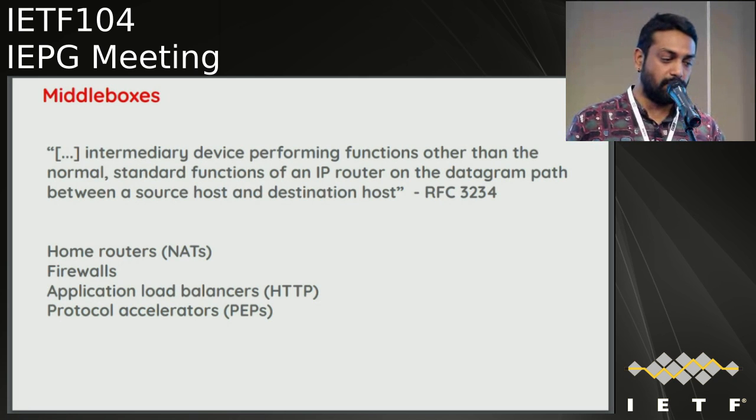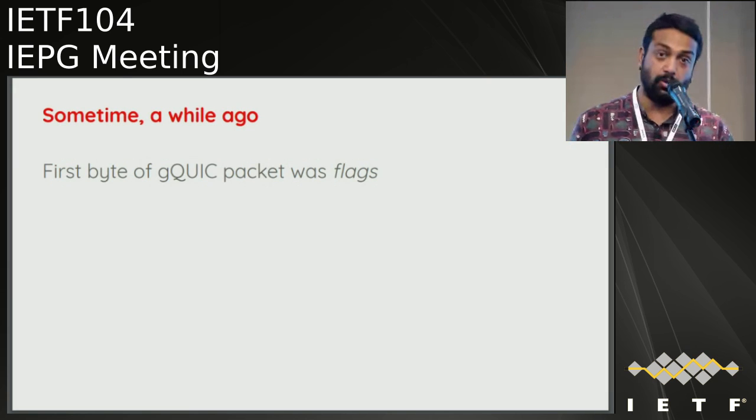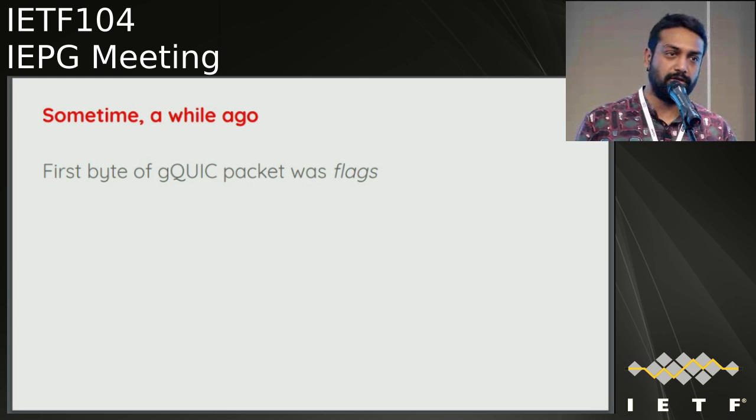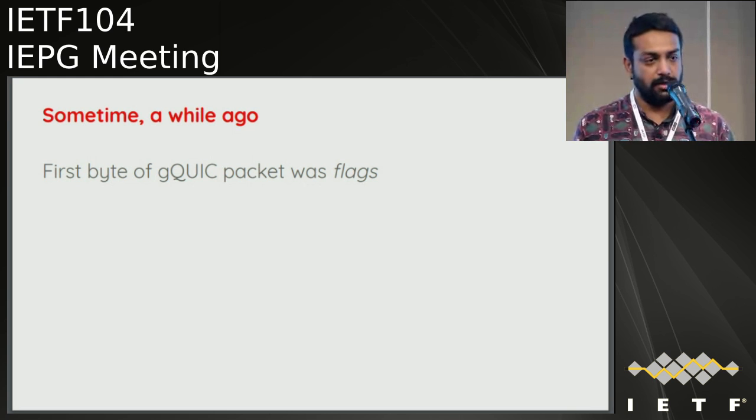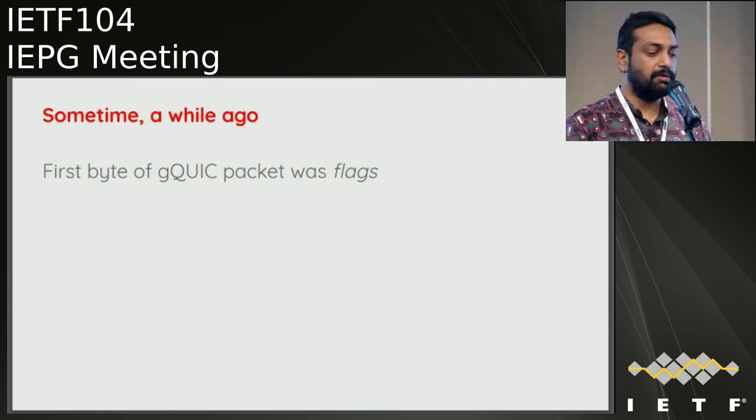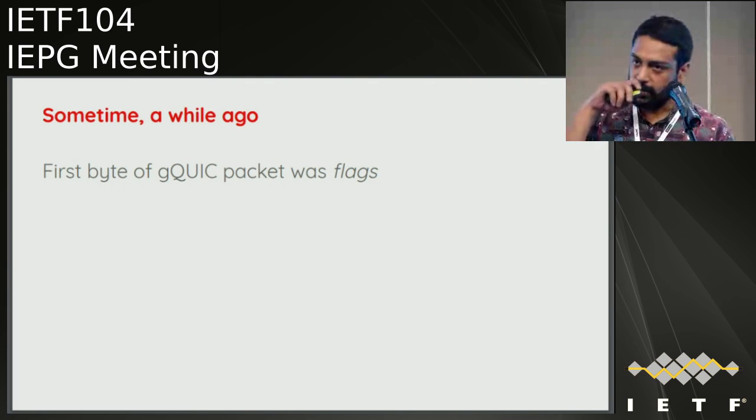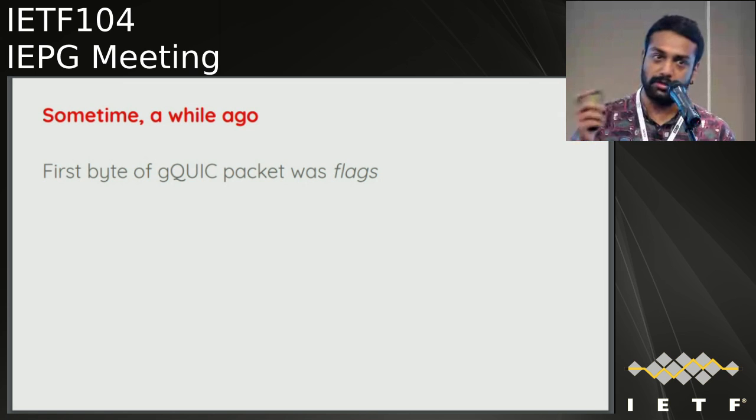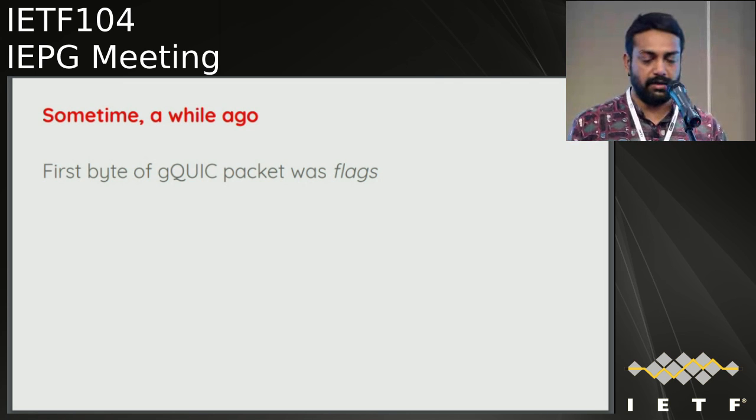One of the arguments I'm going to make, and this probably plays into the point you just heard, is this. A few years ago, Google's version of QUIC, called gQUIC, was deployed, before I was at Fastly, when I was at Google.